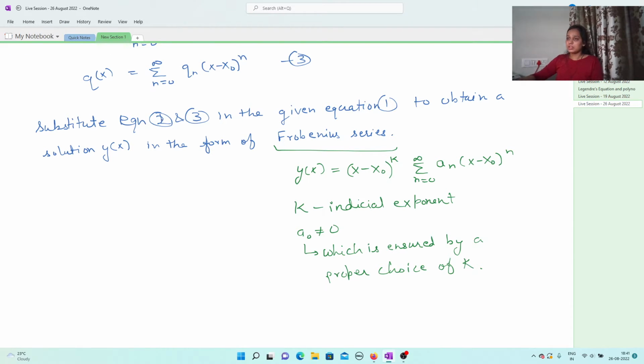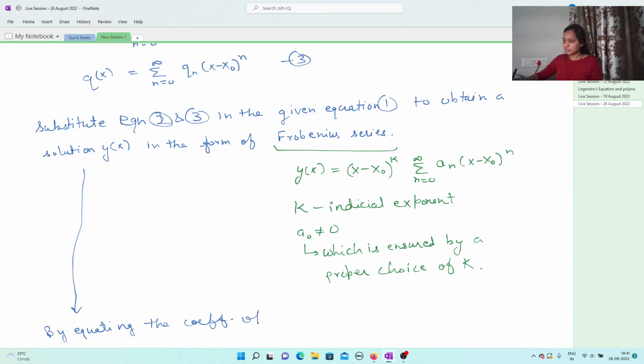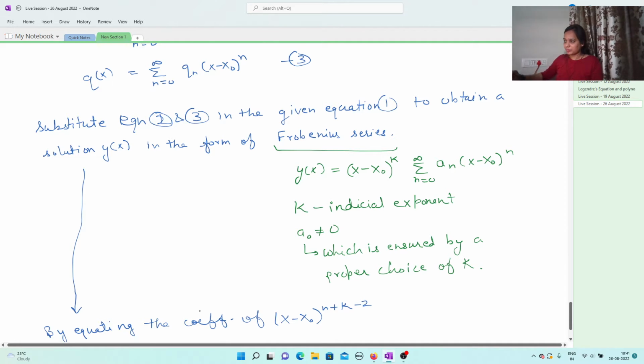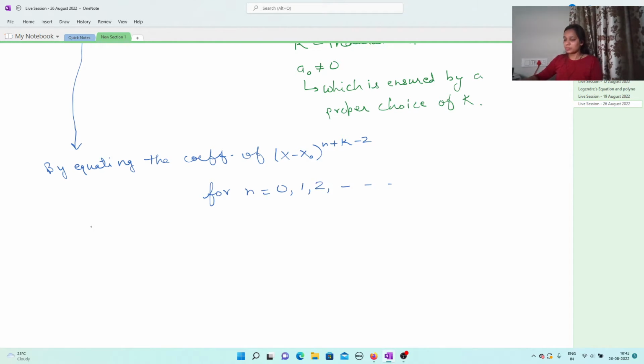Okay, now going back, when you substitute the values of p of x and q of x in the given equation to obtain the solution y of x, how do we obtain the solution? By equating the coefficients of x minus x0 to the power n plus k minus 2 for n equals 0, 1, 2 and so on.